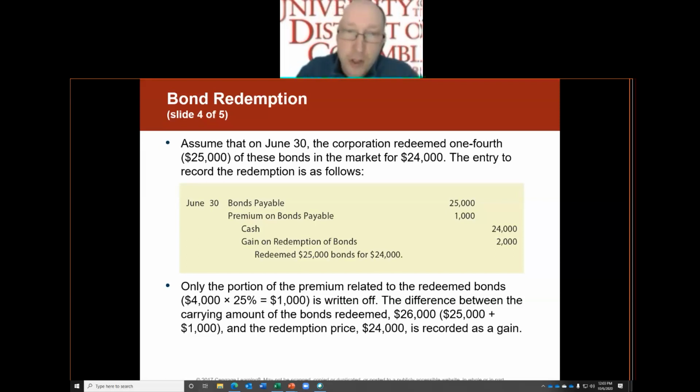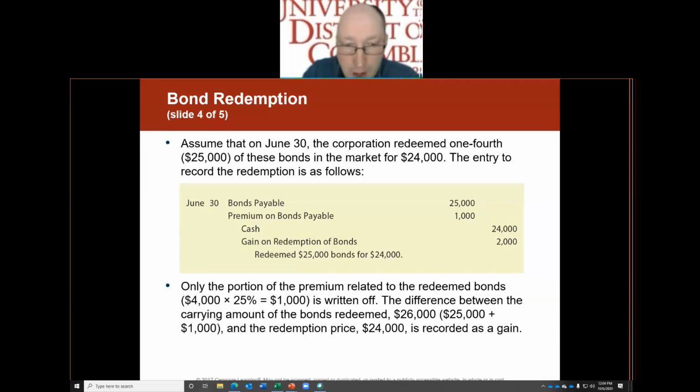So the bonds payable is $25,000 because it's 1/4 of 100,000. Basically, all you're doing is taking 100,000 divided by 4. That's 1/4. It's 25,000. So $25,000 bonds payable. $1,000 gets allocated to premium on bonds payable, bringing it up to 26.